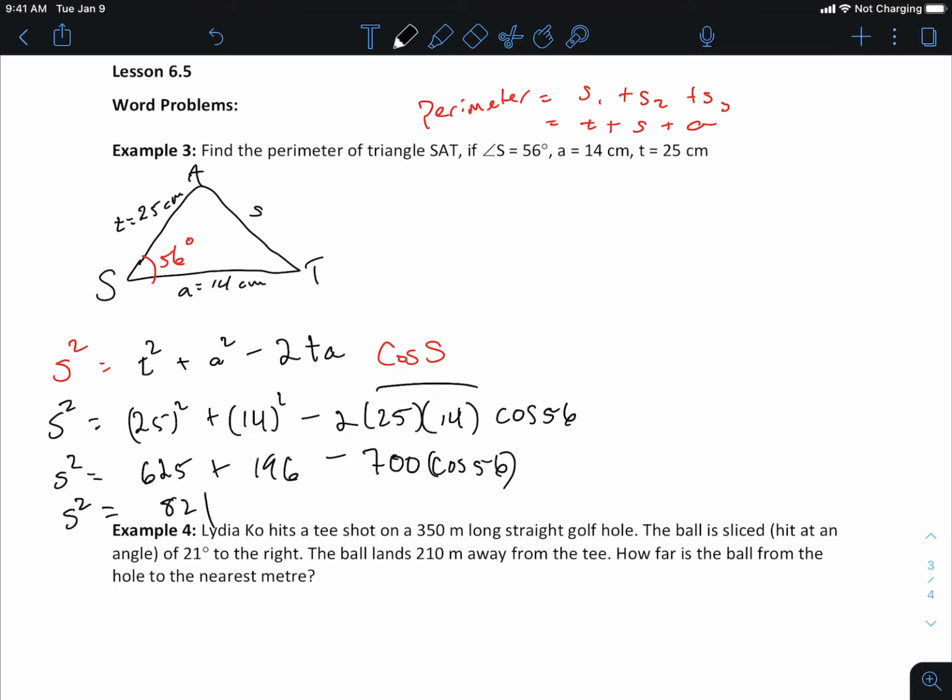Okie dokie. Minus 700 times, what's the decimal value for me, off the trig table? Just go find 56. Read the decimal value underneath cosine. You guys should have your trig table in front of you in case you need it.